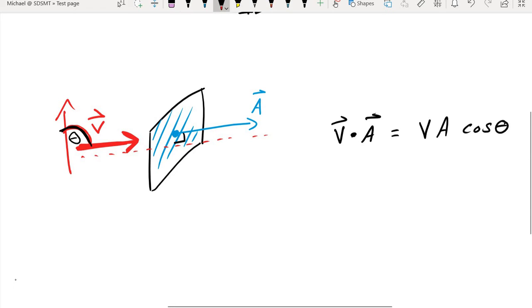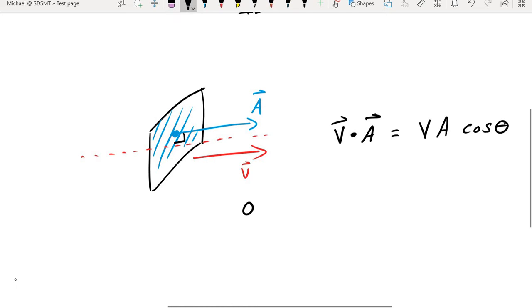If I have the air blowing parallel to the window, then that angle relationship is 0 degrees, and this is where I would see the maximum amount of airflow occur. So what trig function is going to maximize at 0 degrees?